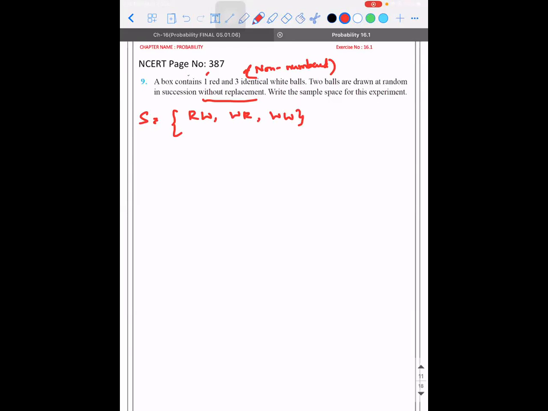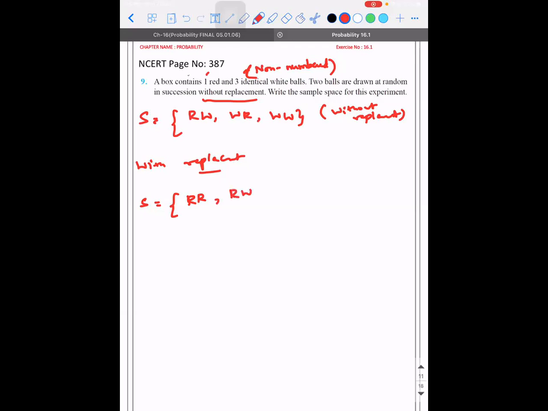Had it been done with replacement, then what could have happened? If suppose the question is like this, then what will be the sample space? You will get red, and there is a possibility for you to get a red again. Guys, does this make sense?